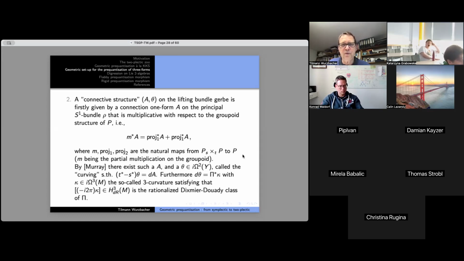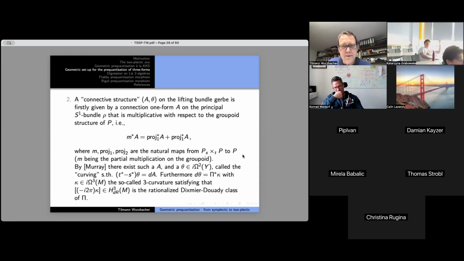So it's just a one-form with values in i R on this bundle. But you asked for more. You asked for compatibility, which you can formulate in the language of gerbes or in the language of groupoids. Here I formulate it in the language of groupoids, which for me is easier, but it's a question of taste.